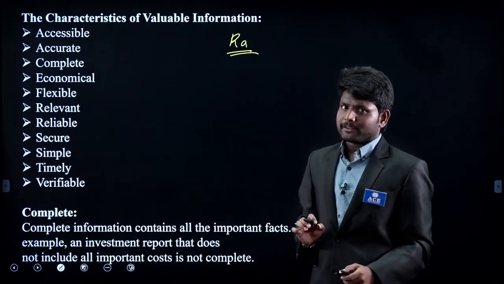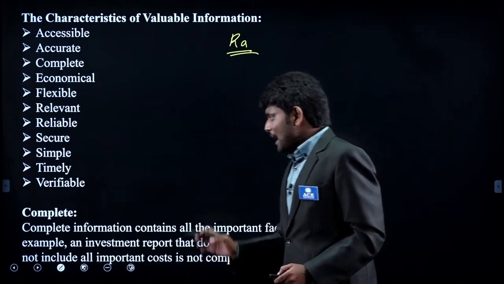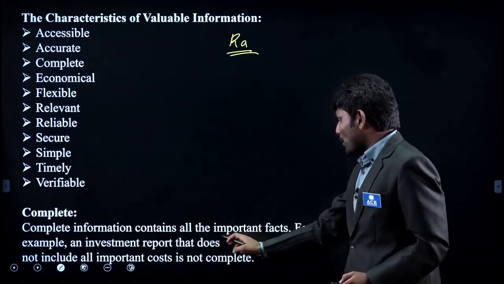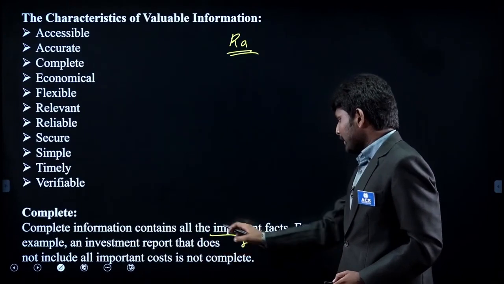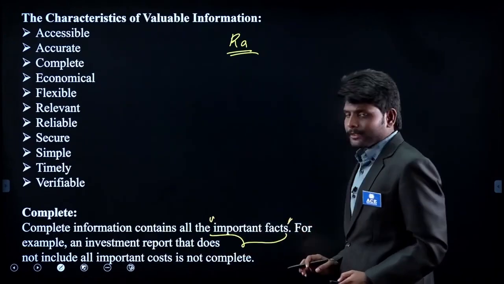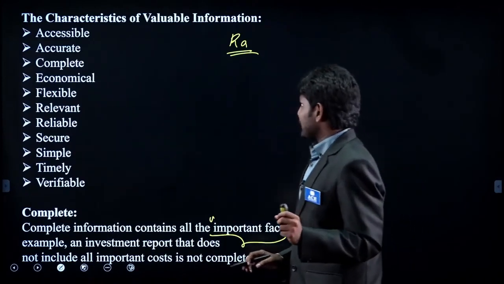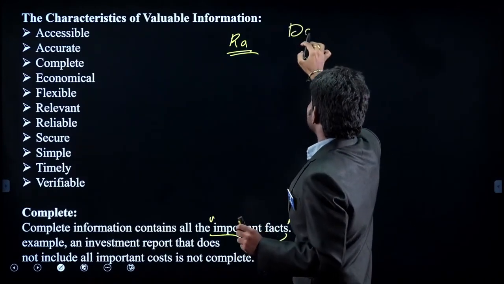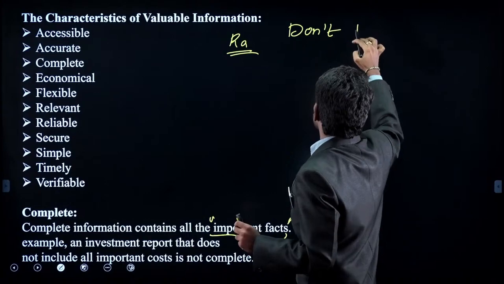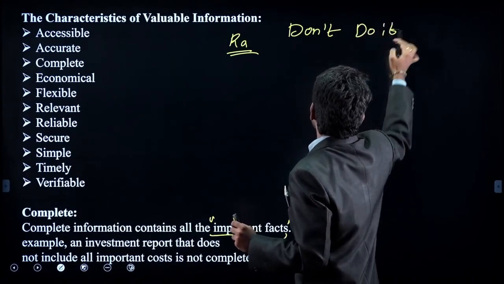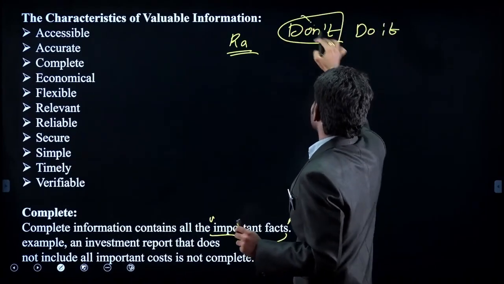It is incomplete information. Fine? That is what they are trying to say here. Complete information contains all the important facts. Okay? If you miss some facts in the information, then it doesn't make any sense. Or it may make wrong sense also. Let us say, if you want to say, don't do it, but you have excluded don't there.